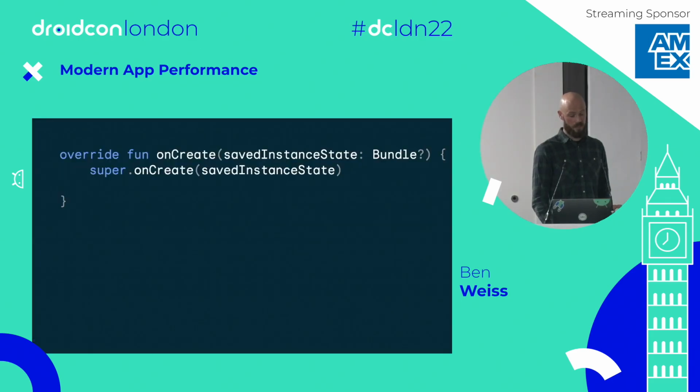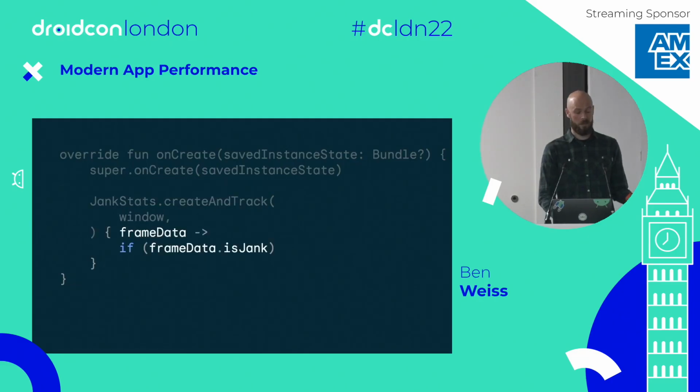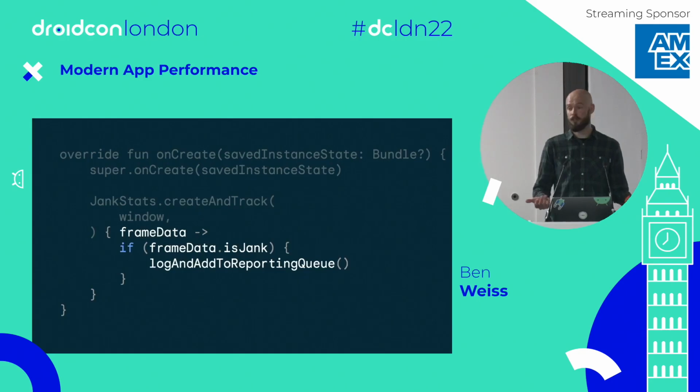The way this works is you install the library in a window, and you pass in the relevant frame data and check whether it's janky. And once it's janky, you log it and you add it to your reporting queue. And then once your reporting queue is full, the next time your device is idle or it's charging and has all the constraints set up, you then upload that to, say, the Firebase console, and that's a possibility as well, or to whatever reporting you want to have in the backend.